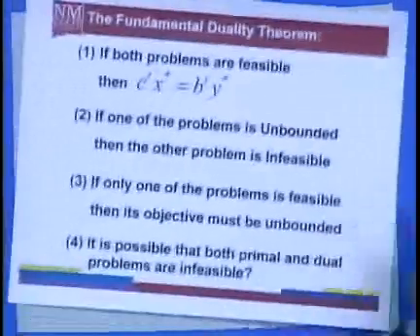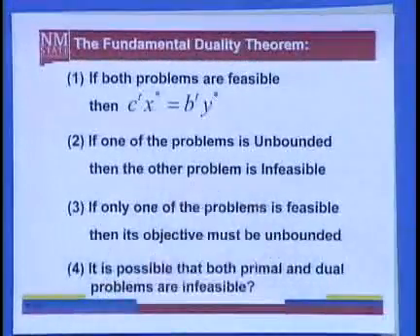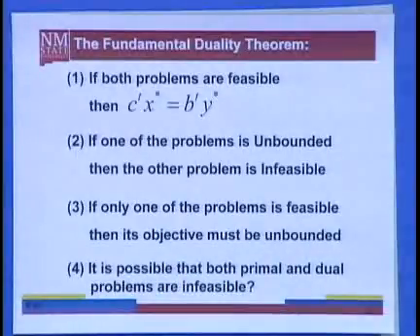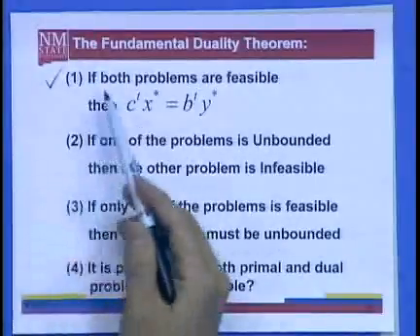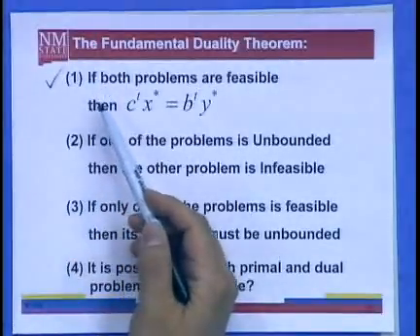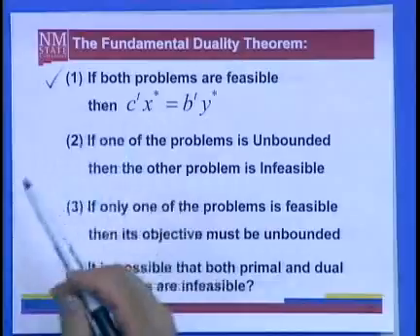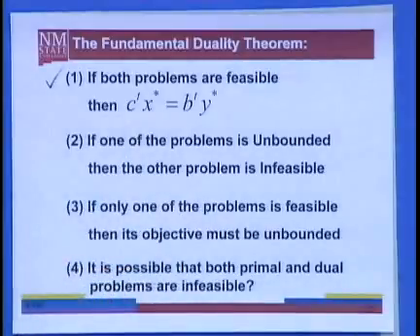Or if you use the fundamental duality theorem, it is much simpler. One of the fundamental duality theorems tells us if one problem has a unique optimal solution, then the other problem must have a unique optimal solution with the same objective function value.